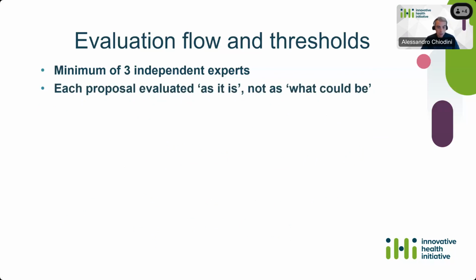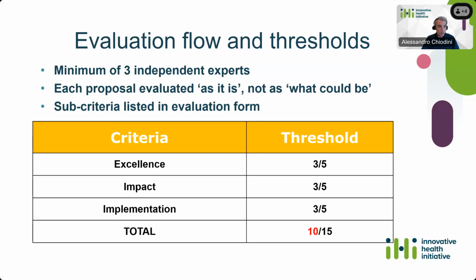There is no way to change your proposal description once the submission is over. In the evaluation form and the proposal template, there are three main criteria: excellence, impact, and implementation. There are also sub-criteria under each of these main criteria, so please look at those carefully in order to better prepare your application.